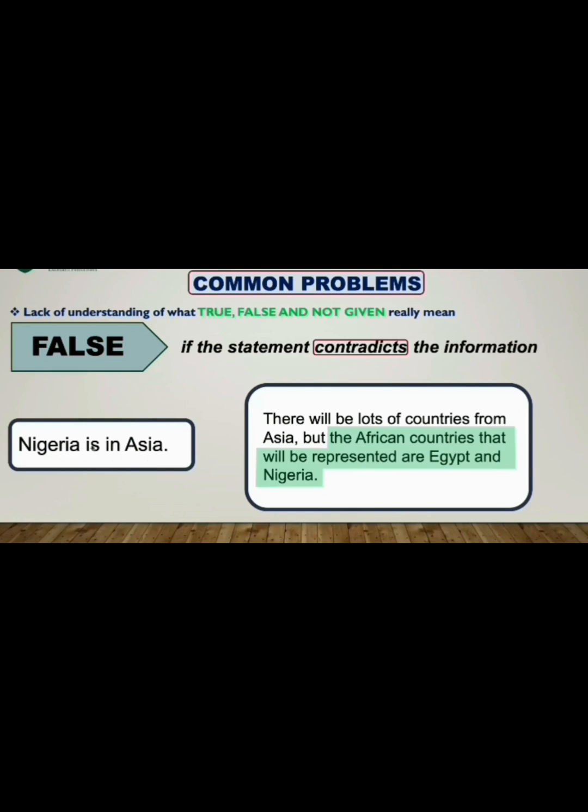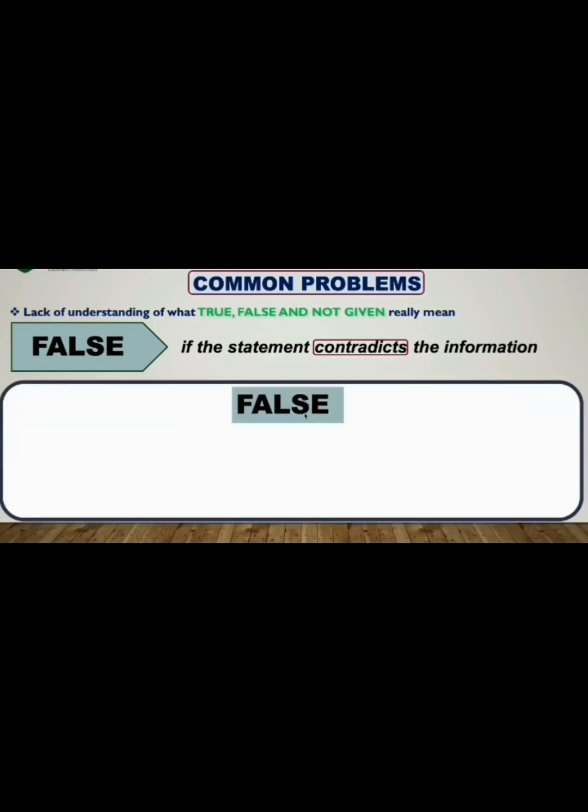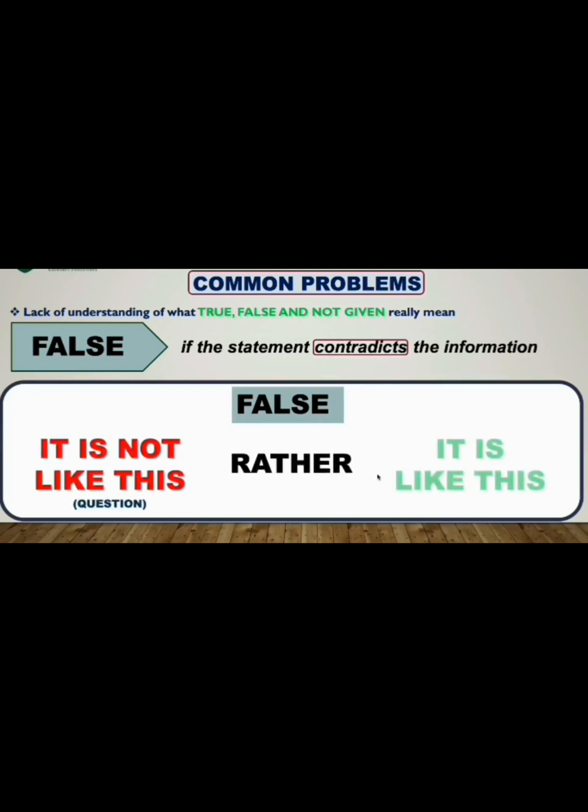That is the incorrect statement, and that's what the passage is giving to us, that Nigeria is not in Asia, rather Nigeria is in Africa. So false means it is not like this in the question, rather it is like this, the information in the text.